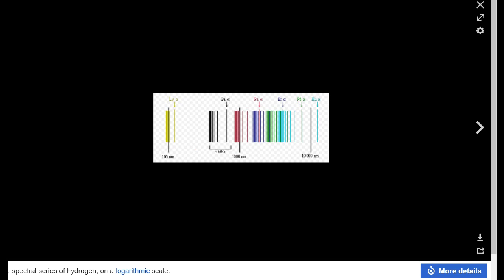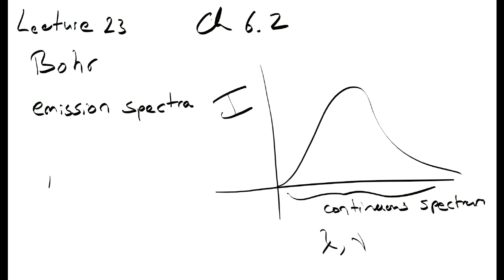Now the first one that was discovered obviously was the visible spectrum, and it has a mathematical function that looks sort of like this.